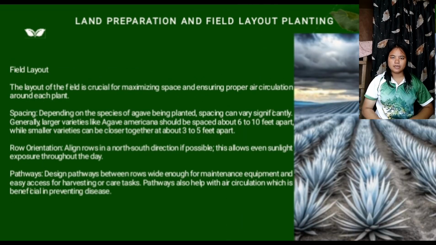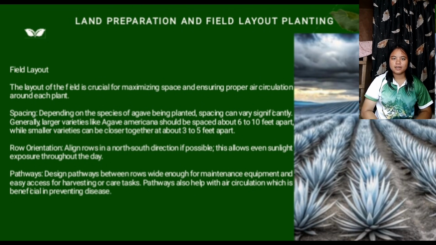So for the field layout, the layout of the field is crucial for maximizing space and ensuring proper air circulation around each plant. So spacing must be based on the species of agave being planted. Spacing can vary significantly, generally.